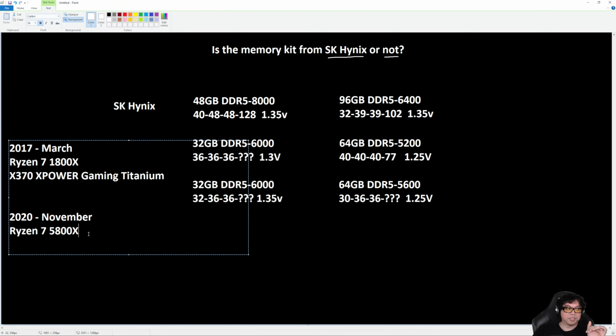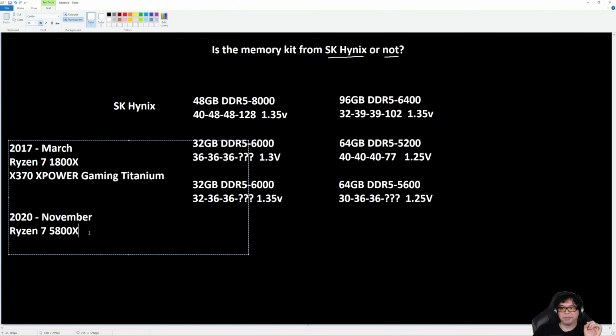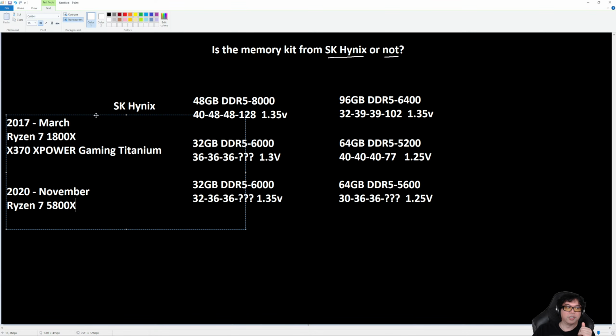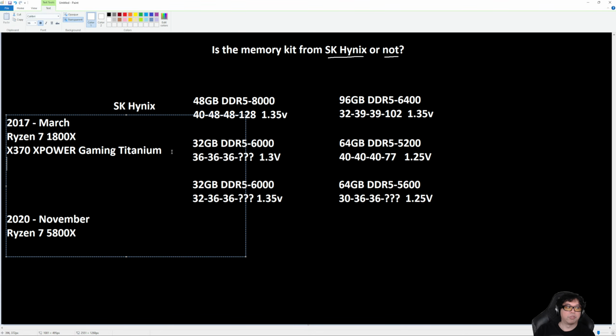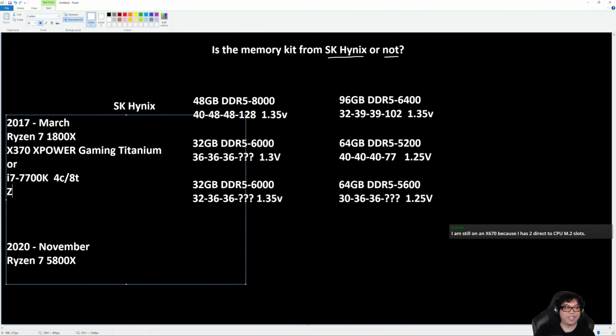So that is a really good example of how AM5, how socket longevity is very useful. Because what is the equivalent Intel scenario? If I went with Intel at the time that I got the Ryzen first generation, I would have had to get the i7 7700K, quad core 8 thread, with Z270.